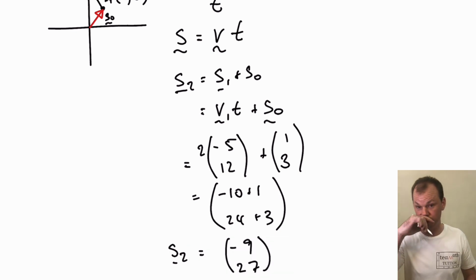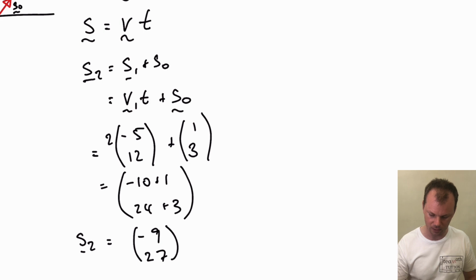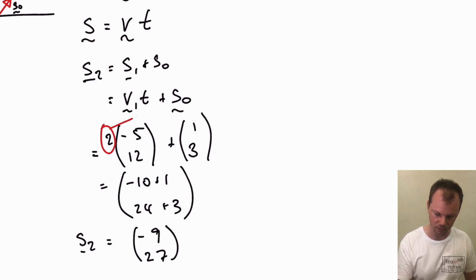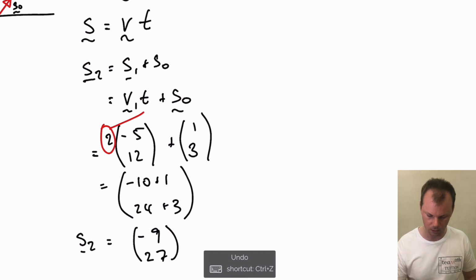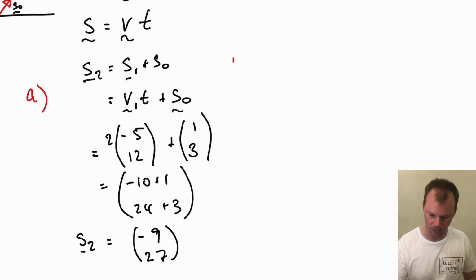If we want to know the position that we end up in after t seconds, we're doing the same thing, except instead of substituting a 2 in here for t, we're substituting a t. So we're going to write that over here. So that's A. Part B is S2.